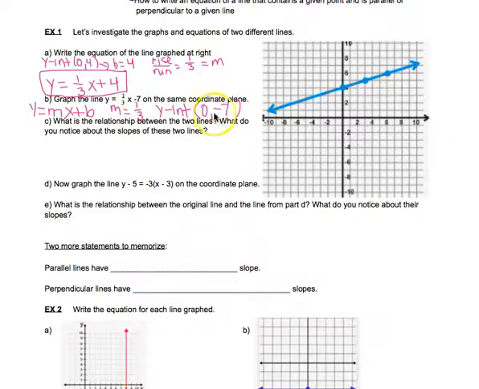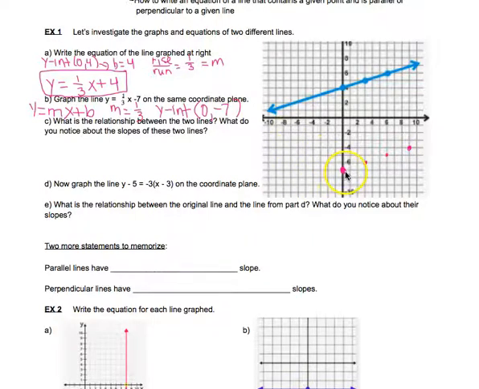I always start my graph at my y-intercept, so 0, -7. Here's 0, -7. And then since my slope is 1/3, that means rise 1, run 3, rise 1, run 3. I'm just continuing the pattern as far as I can.